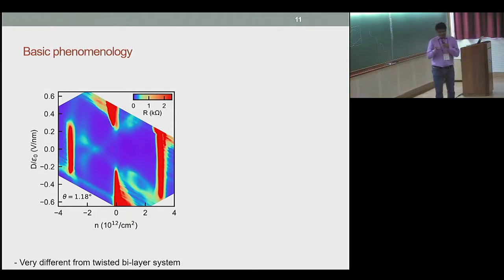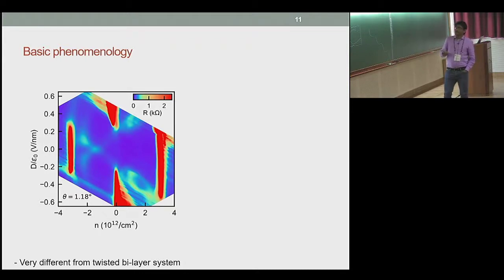If you have a single electrostatic gate, you cannot control density and electric field independently, but once you have these, you have clear control. What you see is red regions here, this is the scale bar, which are insulating regions, or rather more precisely, regions of high resistance. And these are regions of low resistance. And then there are other features.